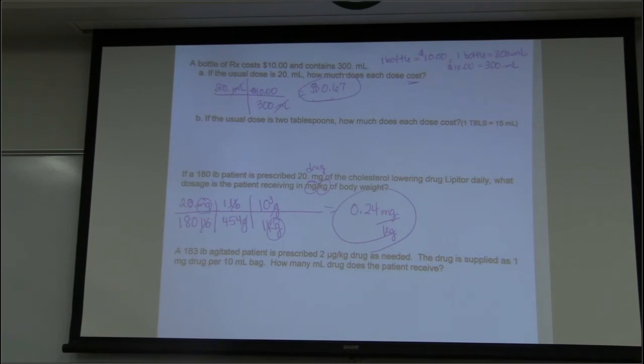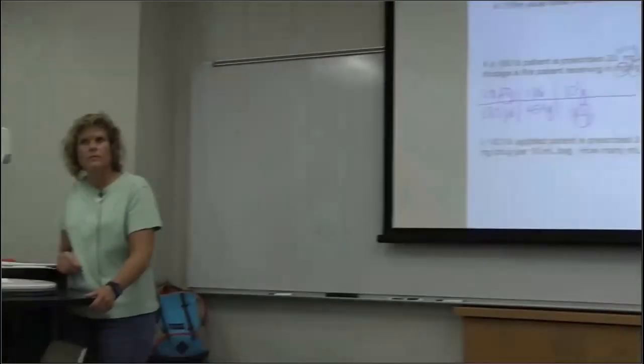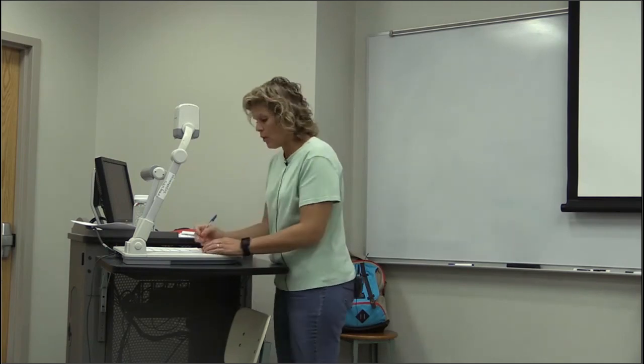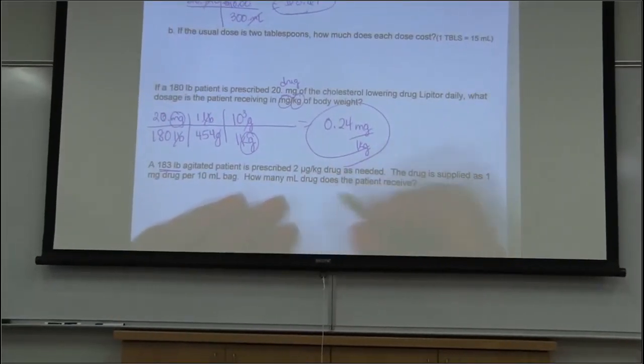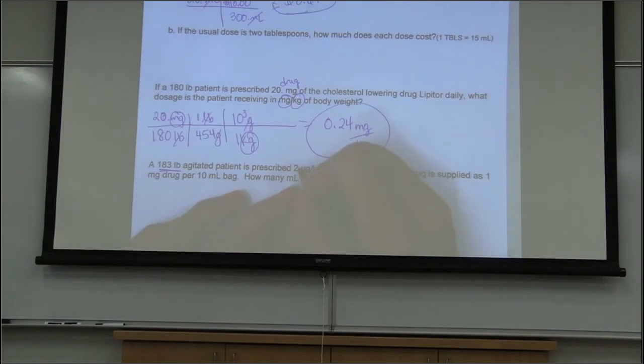What's the given? 183 pounds is the given, correct. We're going to add some digits to make this significant figure better. Call this 2.0 micrograms per kilogram.